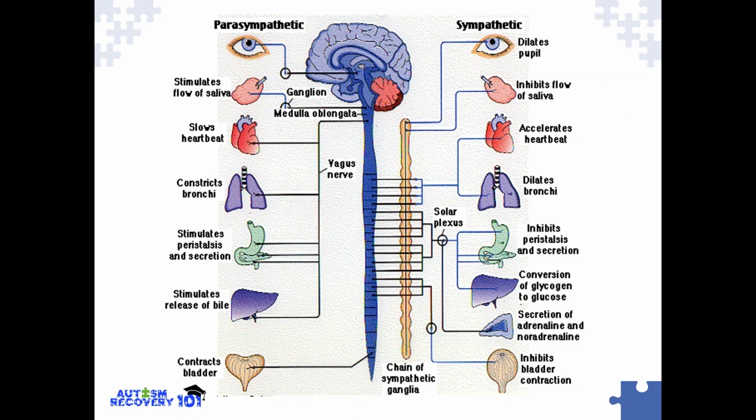This image here of the parasympathetic and sympathetic is what's called the autonomic nervous system. It works automatically to keep our body in balance. And many kids with special needs tend to live more on the sympathetic side of the equation than the parasympathetic, where they have this fight or flight response, high anxiety, high stress, hyperactivity. And I realize not all of them have that, but many do.